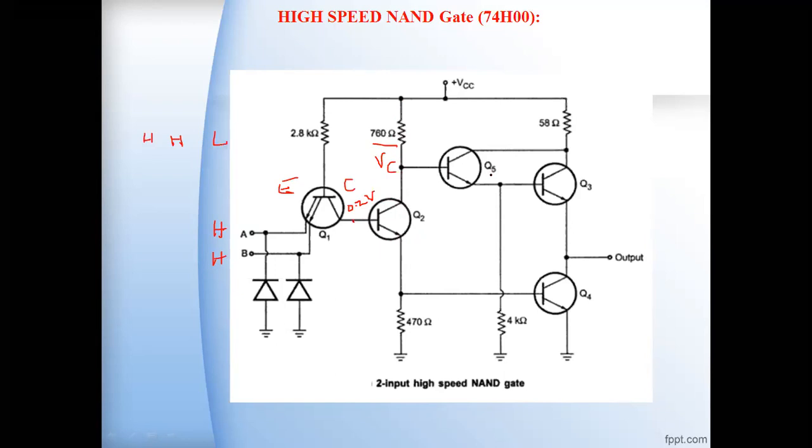Once the transistor Q5 is turned on, it in turn leads to turning the Q3 transistor on. So because of this collector voltage VC, the transistor Q5 is on, and further the transistor Q3 is also driven into the saturation region.